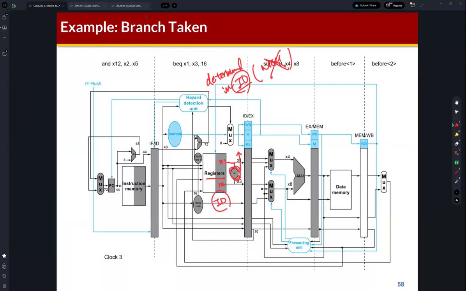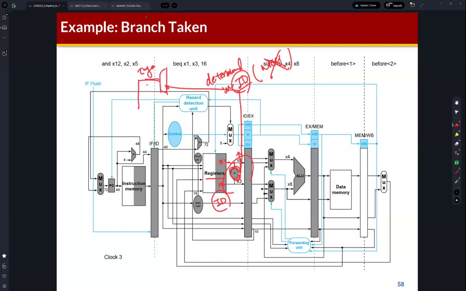Because the branch is resolved earlier in the ID stage, when the branch is taken, only one cycle is wasted. In the original design, the branch was determined in the memory stage, so 3 cycles are wasted if the branch is taken. But in the new design, the equality check logic is here, the branch is resolved early, and this is given to the PC mux, the multiplexer for the program counter, and then the target.